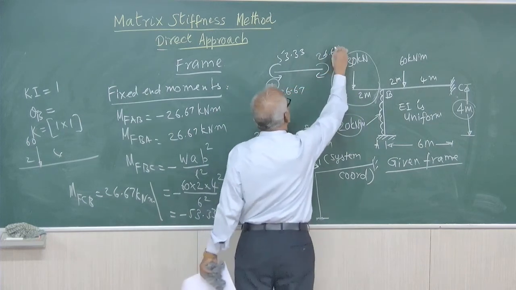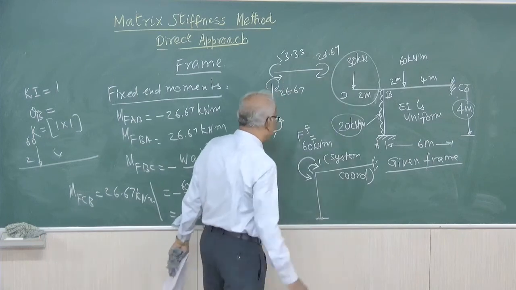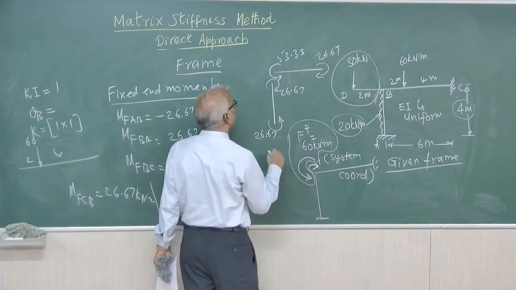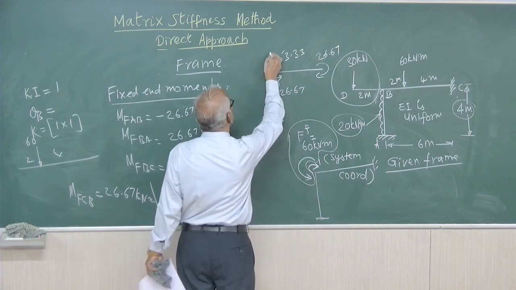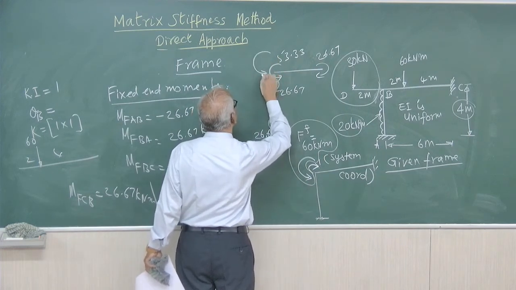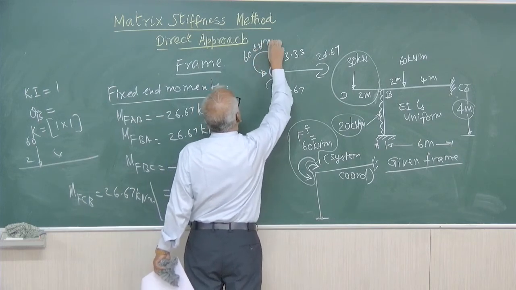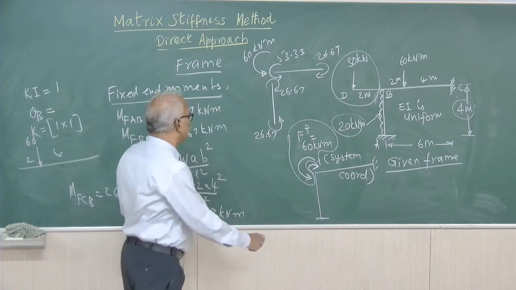In addition to the fixed end moments, there is an external moment applied at the system coordinate. That is, here there is an external moment applied along the system coordinate. This is equal to 60 kilonewton meter. This is very important, right.